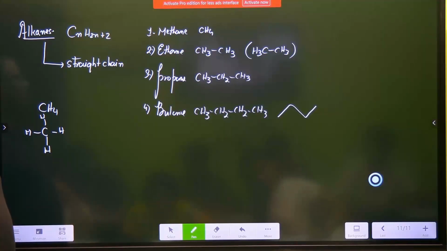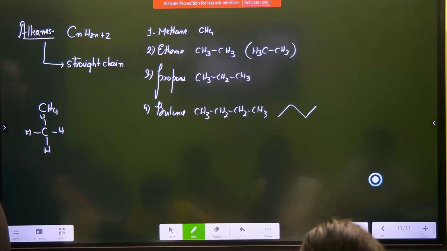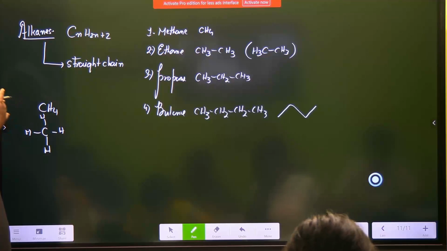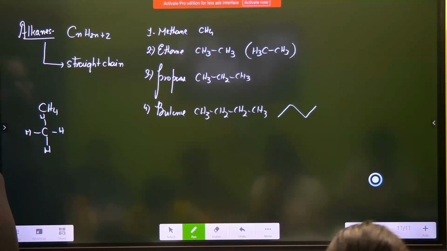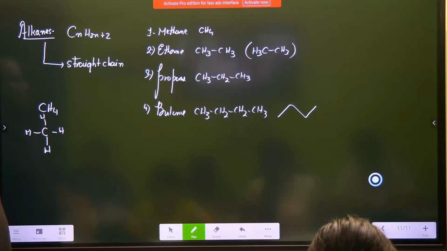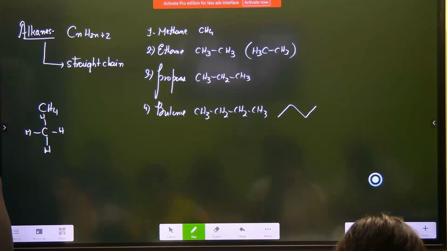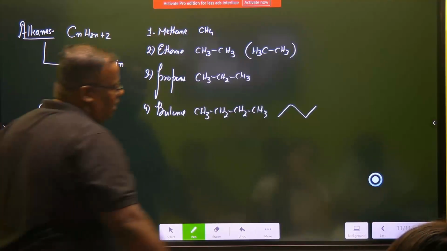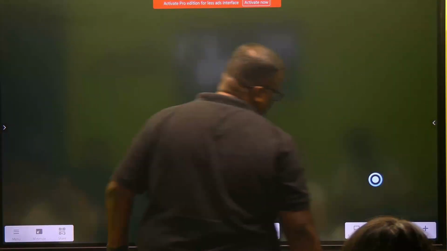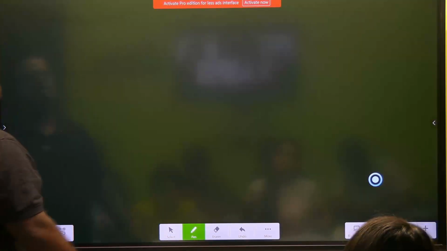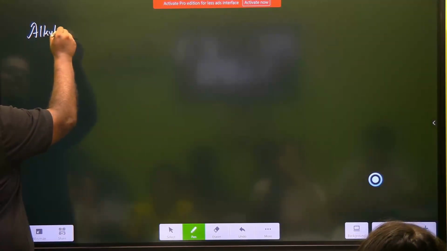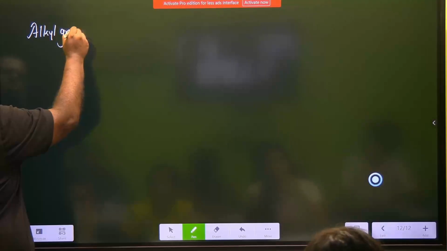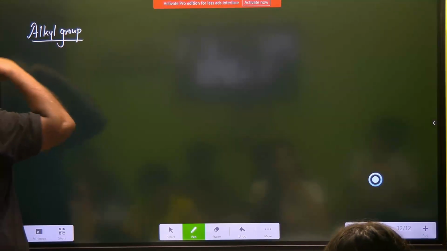So that we'll learn something new now. Can I move? Okay. Let's see some alkanes with branching now. Before understanding branching, we should understand something which is known as an alkyl group. Not that difficult to understand, just absorb.